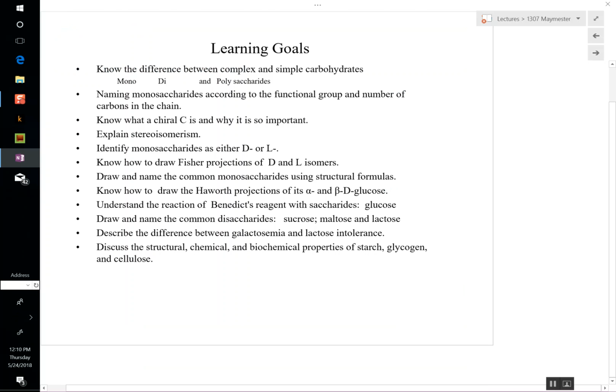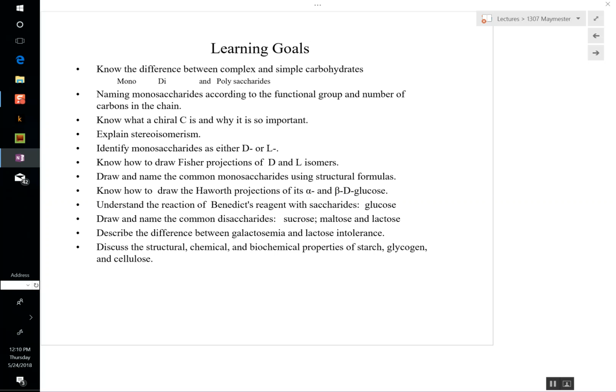So here are the main learning goals in chapter 16. Know the difference between mono, di, and polysaccharides. Naming them. How do we name monosaccharides? We look at the kind of functionality that's on it and how many carbons are in it.